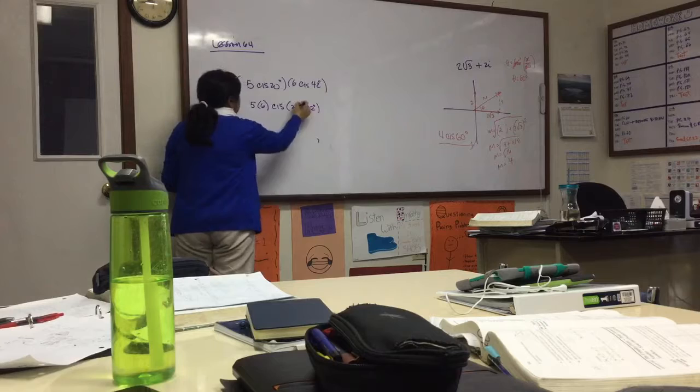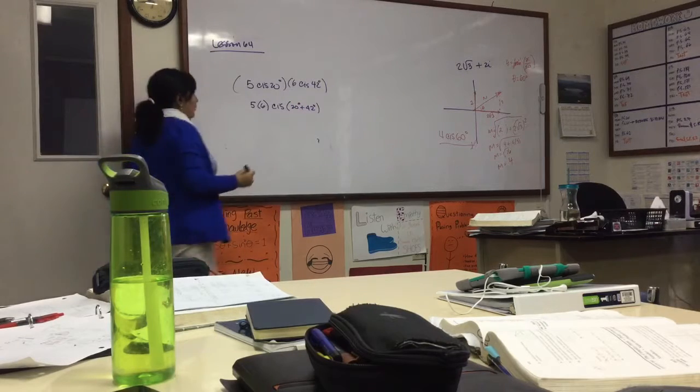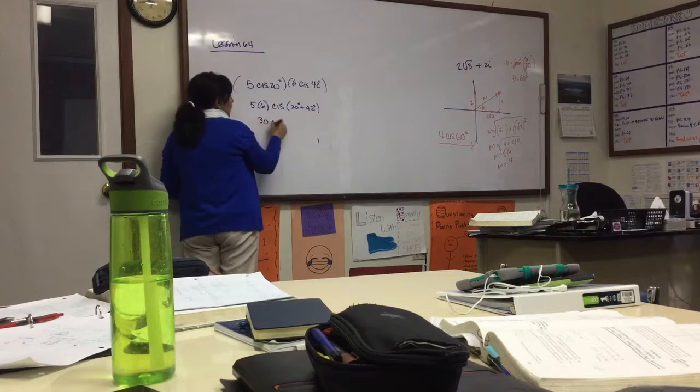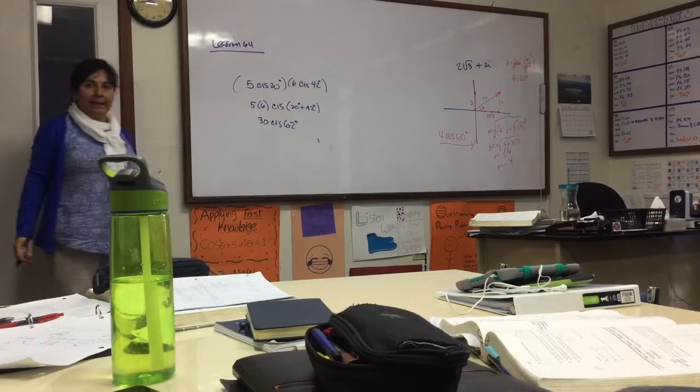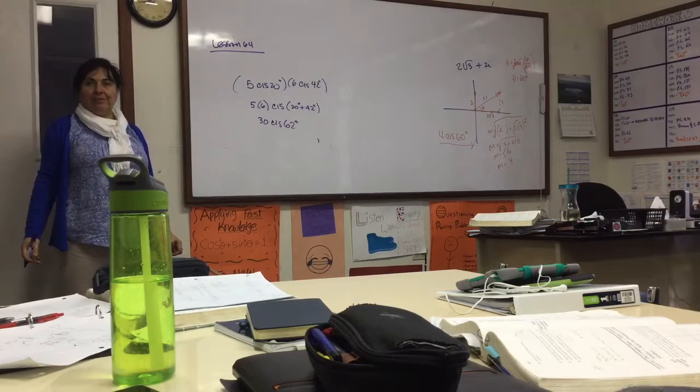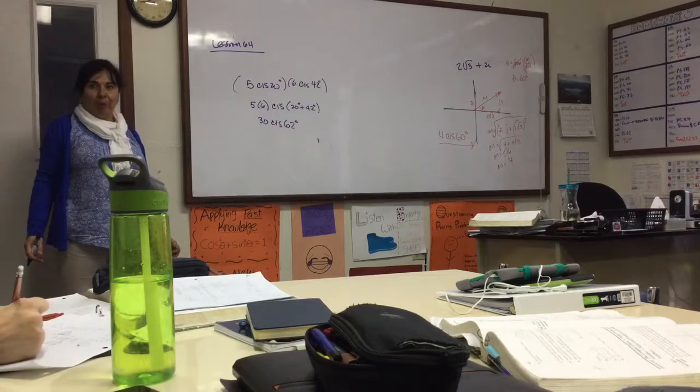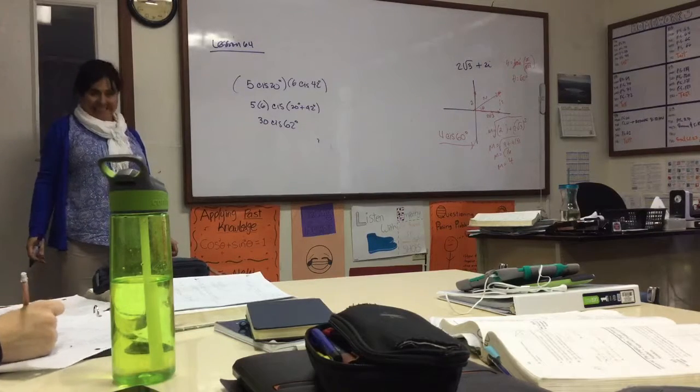Isn't that cool? So it's really easy. It's 30 cis 62. That is how you multiply complex vectors in polar form. That's it.